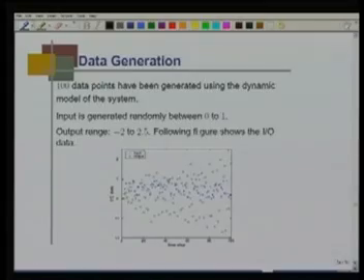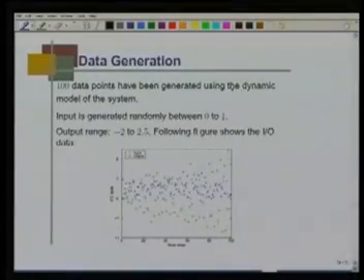So, after we found the RTRL rule, now we will generate data. What we did is that we generated 100 data points using the dynamic model. u(t) was a random number between 0 to 1. You can easily see all these blue are the input, and correspondingly the output was from minus 2 to 2.5.